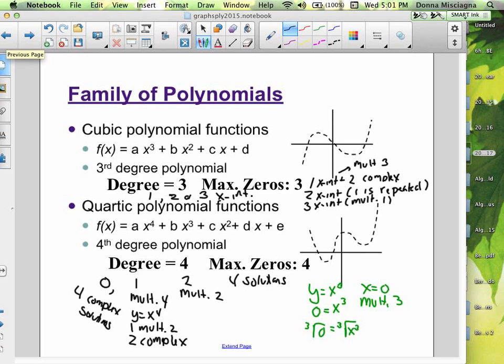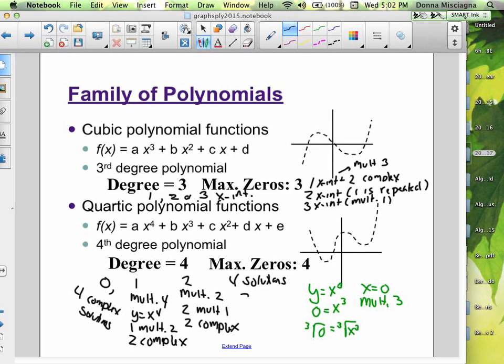Each one of them has multiplicity 2. It could be that I have two with multiplicity 1 and 2 complex. That would also give me 2 x-intercepts.